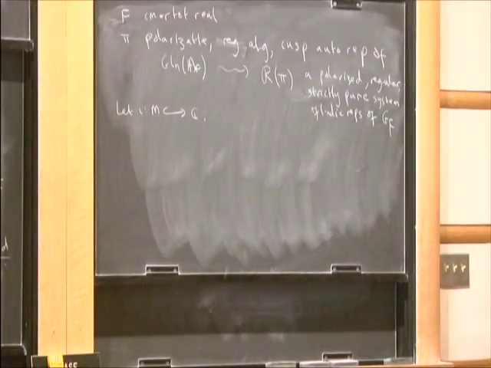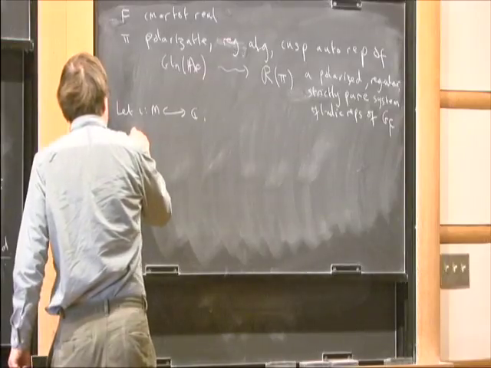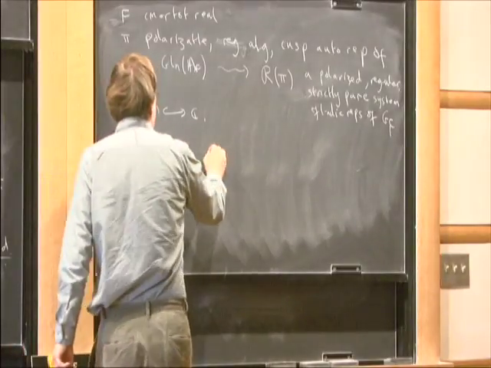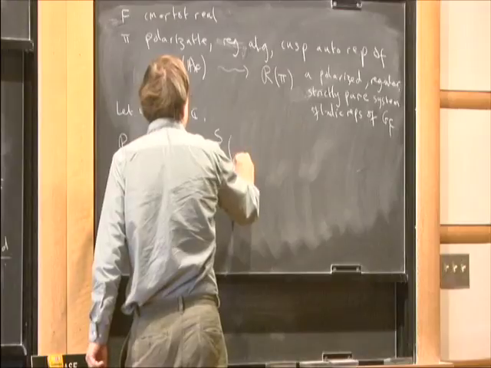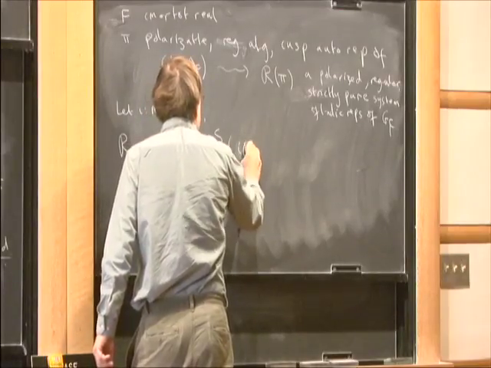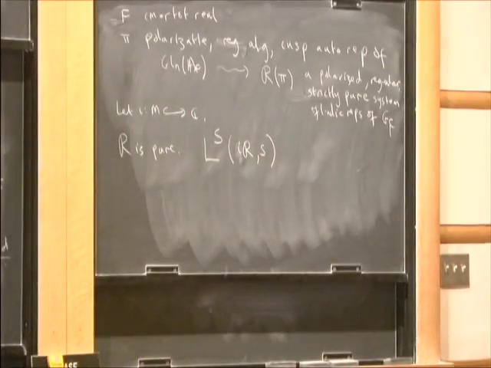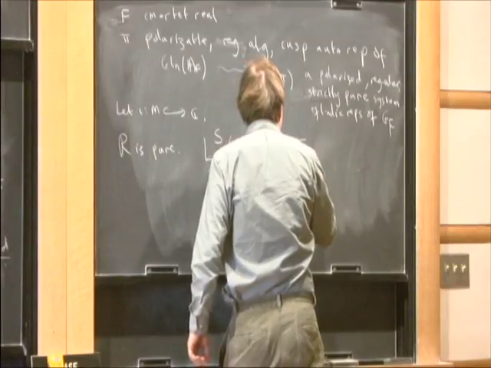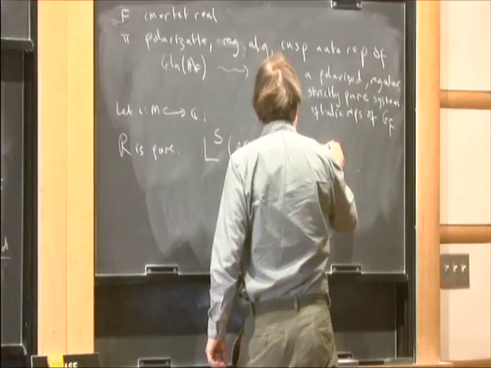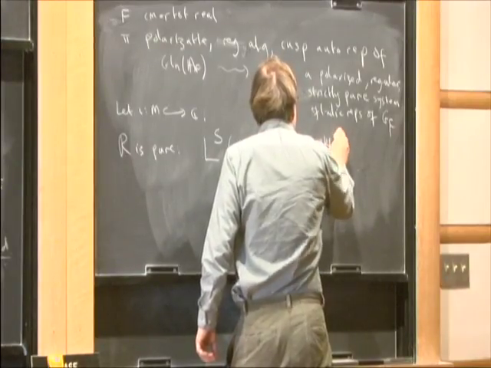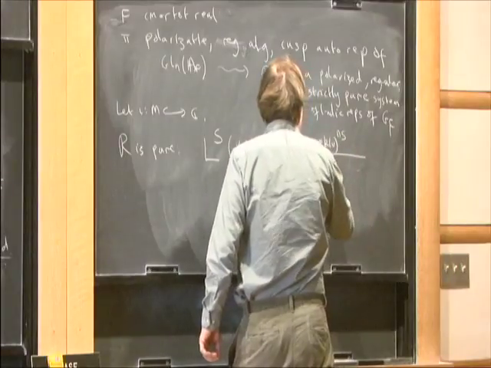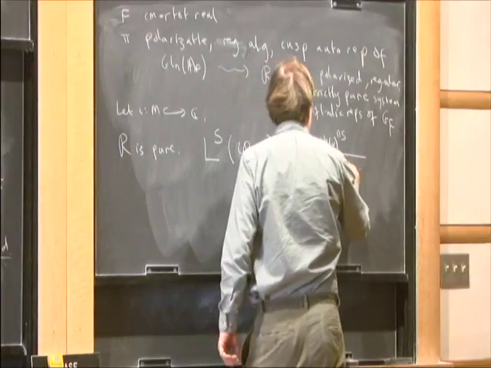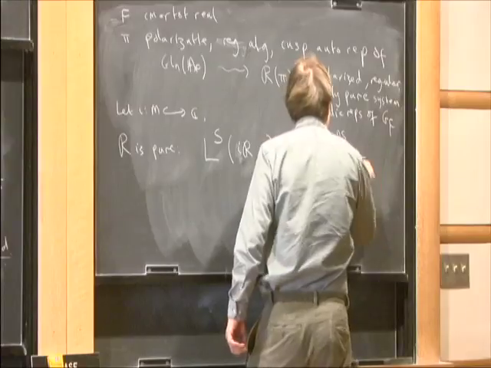When we get such an embedding, if R is pure, we can talk about the partial L function away from the bad primes, L of R of S, which is just defined by the usual Euler product over v not in S of the characteristic polynomial of Frobenius, thought of as a complex polynomial, evaluated at the order of k_v to the S. Is that right?